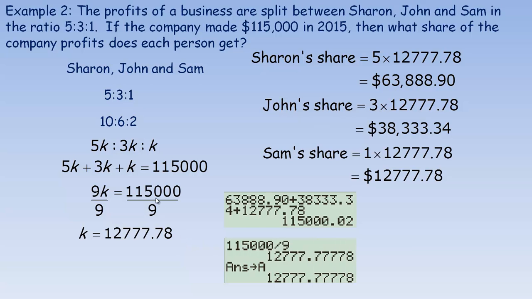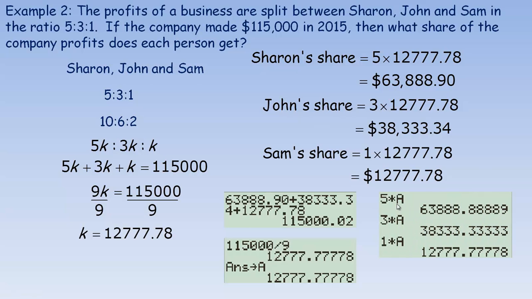So we divide 115,000 by 9 here, and this gives us more decimal places. It's 0.7 repeating. What I did in my calculator is I stored that number in a memory called A. Sharon has 5 times that value, John has 3 times that value, and Sam's going to get that value. So if I do 5 times that whole decimal, not doing any rounding at all, it's 63,888 and 88, well, 8 repeating.